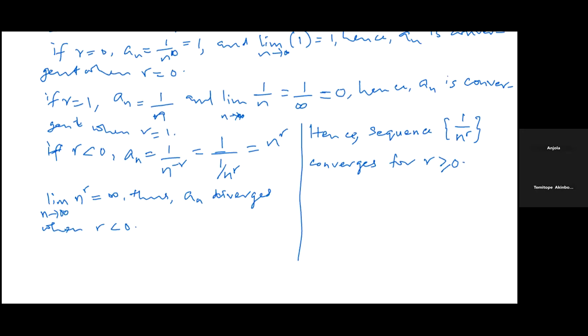So if you square it, it's going to be infinity as well. So it will always be 0 if you evaluate the limit. So that's the conclusion. It converges for r greater than or equal to 0.